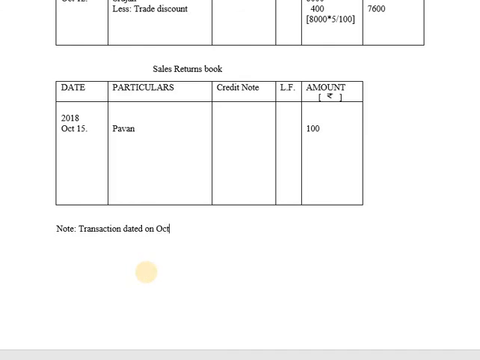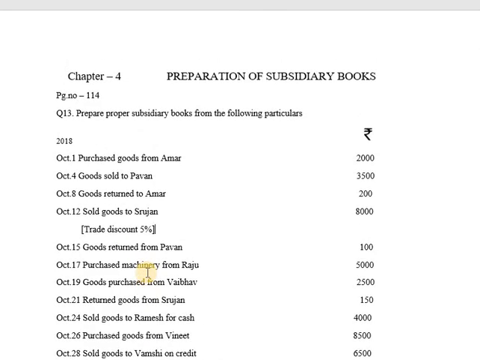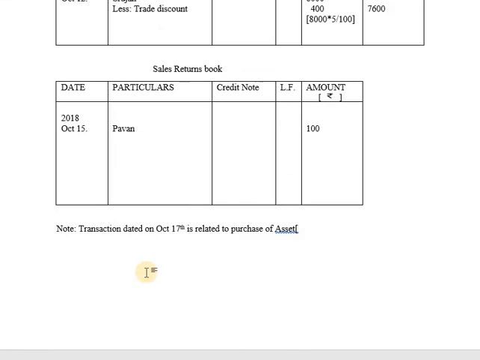on October 17 is related to purchase of asset. क्या खरीदे हम उस दिन? October 17 के दिन we have purchased machinery. So ब्रैकेट में सिर्फ asset identify करने के लिए लिख रहे machinery.